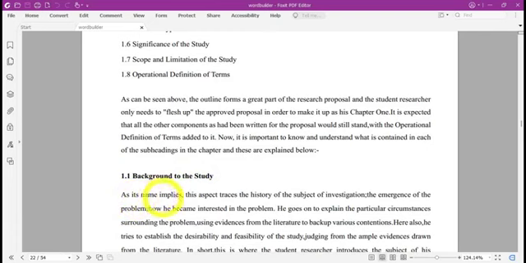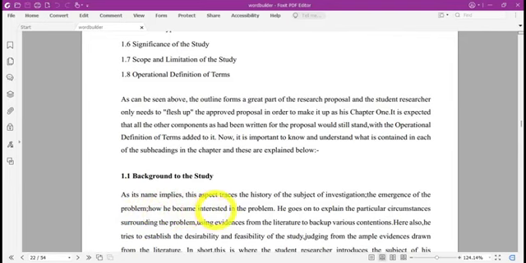As its name implies, this aspect traces the history of the subject of investigation. It traces the history, what it is all about, how it came about. The emergence of the problem, how did the problem emerge, that is asking for a solution.